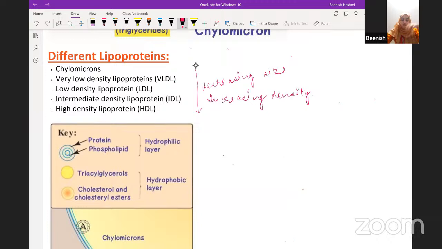So size is decreasing in this order, which means your chylomicrons are the largest in size, and your high density lipoprotein, which is HDL, are the smallest in size.